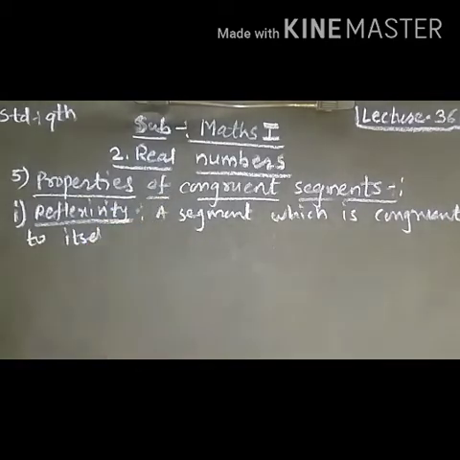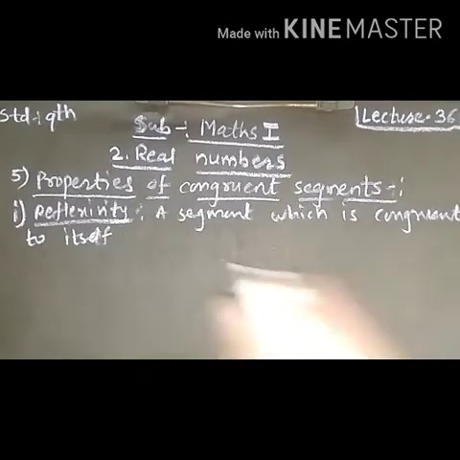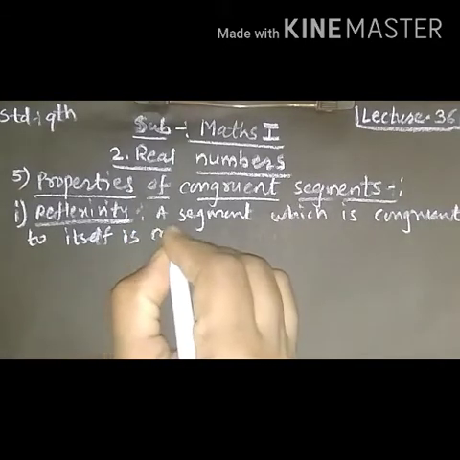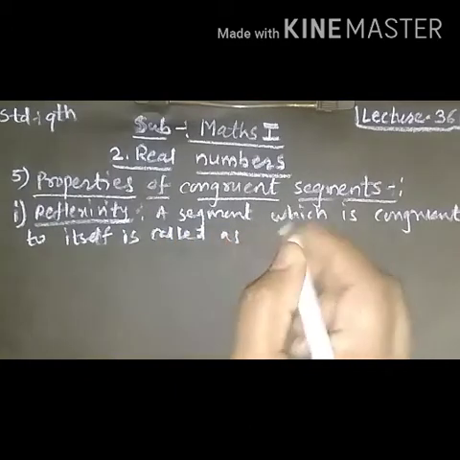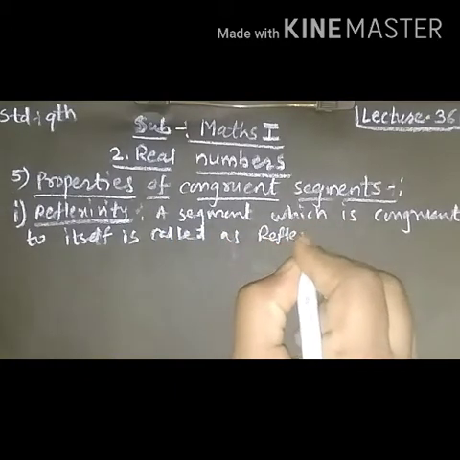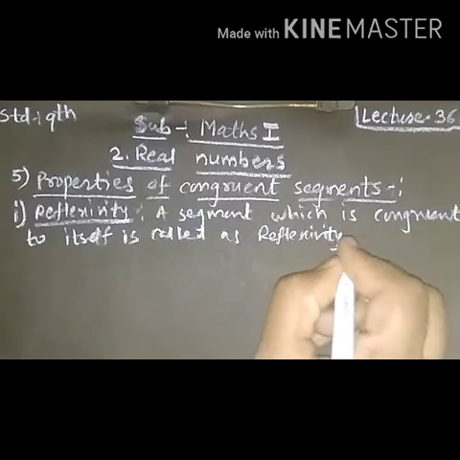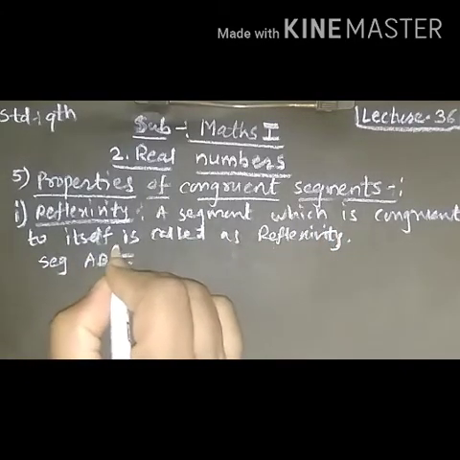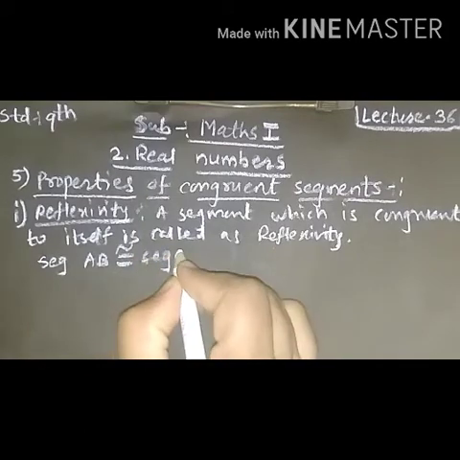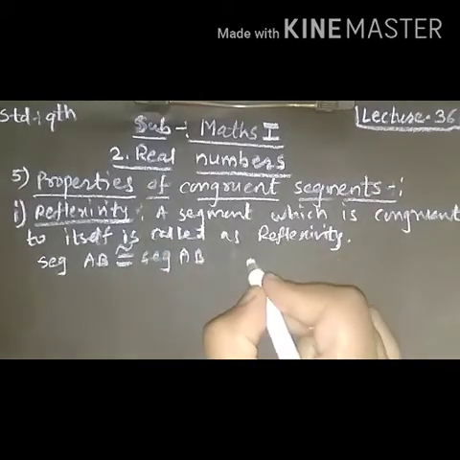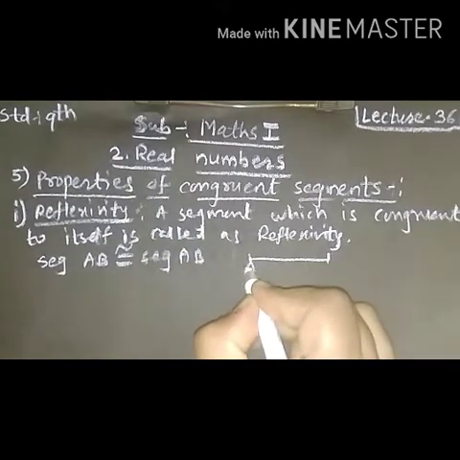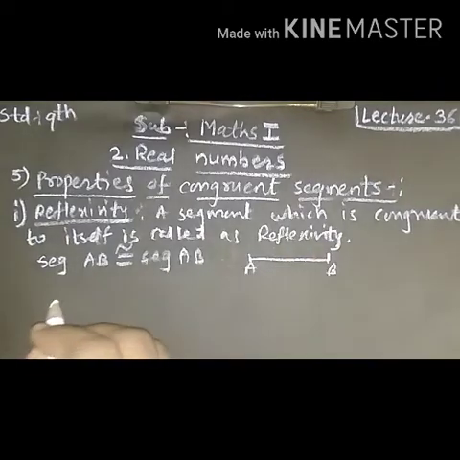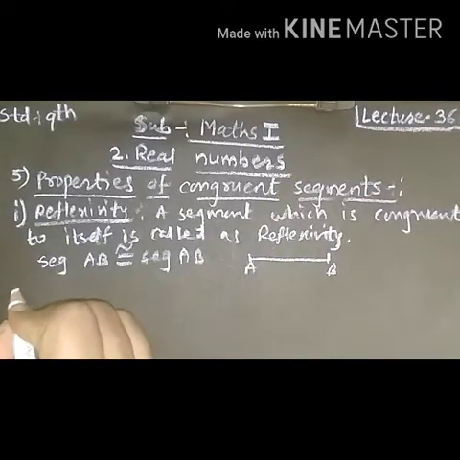So it is called reflexivity. Here we have to consider segment AB which is congruent to itself, that is segment AB. So this is segment AB and it is congruent to itself. So this is called reflexivity.